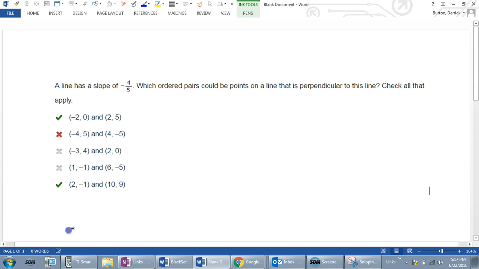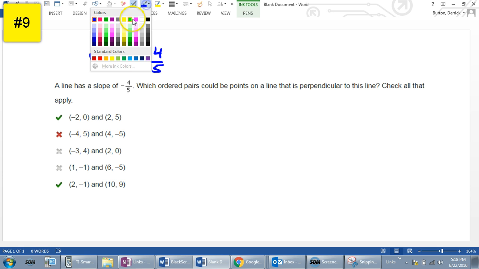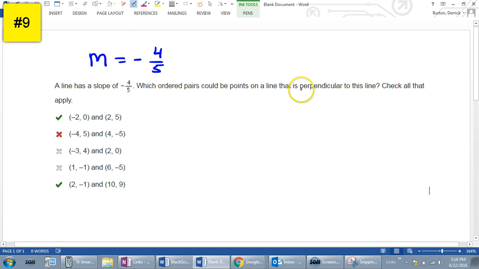Okay, let's keep going. A line has this slope. Which ordered pairs could be points on a line that is perpendicular to this line? Check all that apply. So they're giving us the original slope of -4/5, and they're using the word perpendicular.